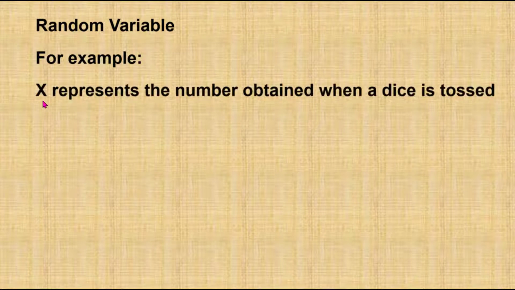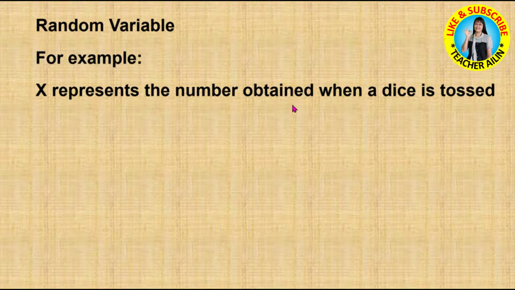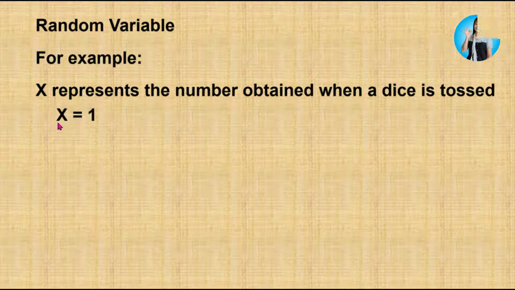For example, when a dice is tossed, let's say I use a capital letter X to represent the number obtained. So when a dice is tossed, it is possible a 1 is obtained, so X is equal to 1. Or maybe a 2 is obtained, so X is equal to 2.